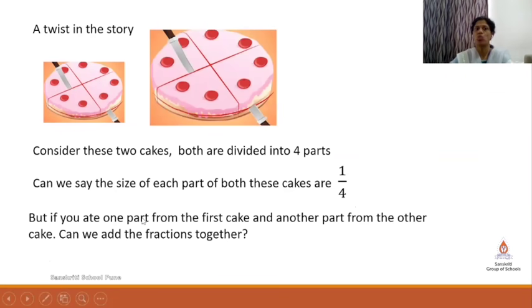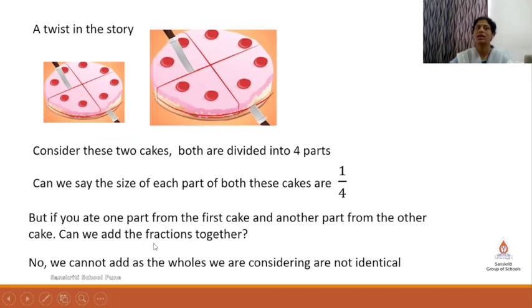If you ate one part from the first cake and another part from the second cake, can we add the fractions together? No, we cannot add, as the wholes that we are considering are not identical. Children, always remember for fractions, you must always consider identical objects, objects that are similar in size and shape.